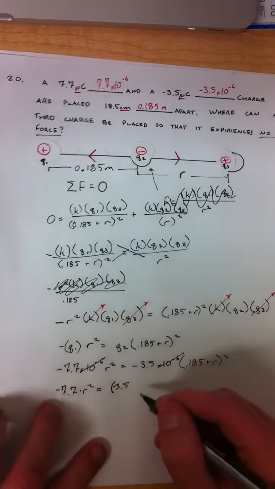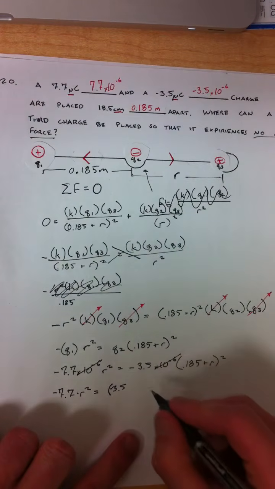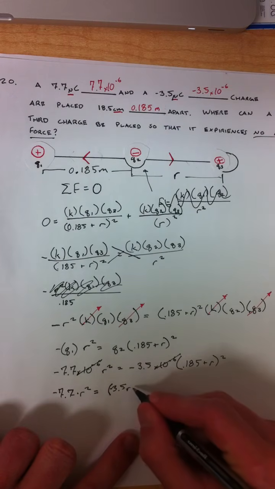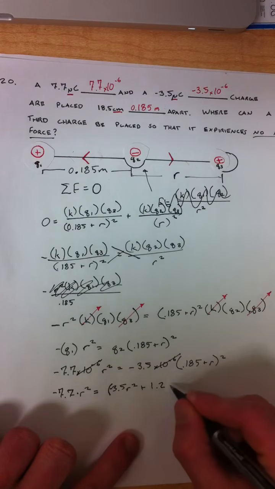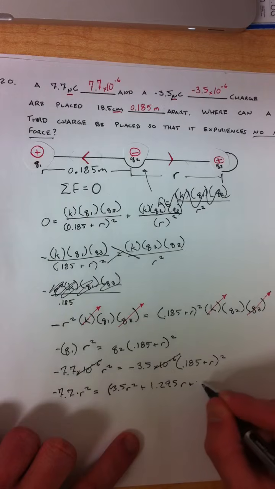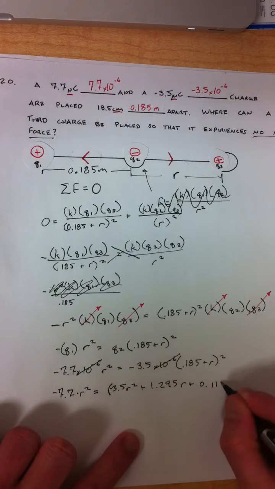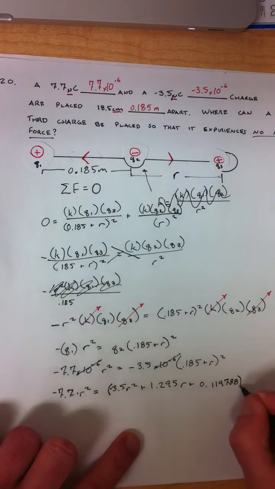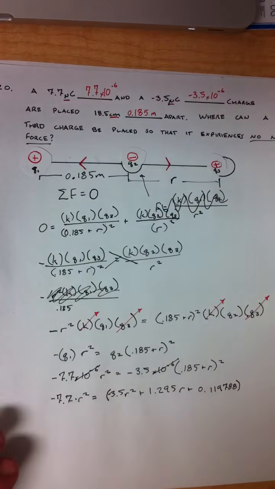These are both negative. Sorry, I just switched the signs on us. And that's r squared plus 1.295 r plus 0.119788. That's more decimals than we need to go, but it adds a little bit of precision.